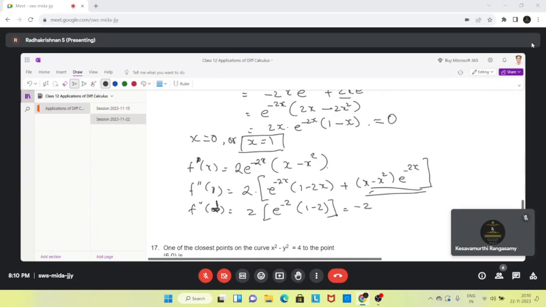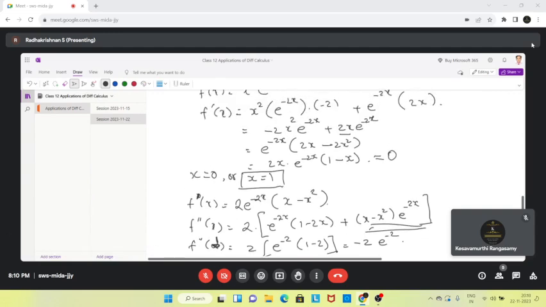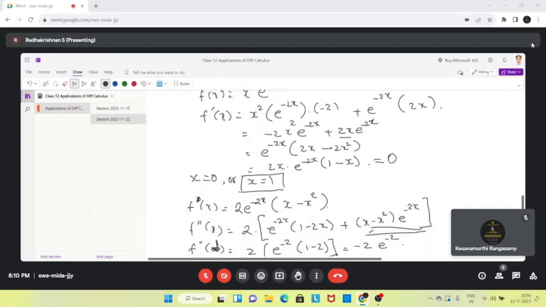Minus 1 into 2, minus 2, no? Minus 2 e power minus 2. So second derivative at that point is negative, that means this is maximum. So we have now conclusively seen that at x equal to 1 we get a maxima.